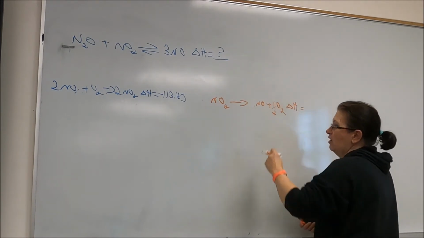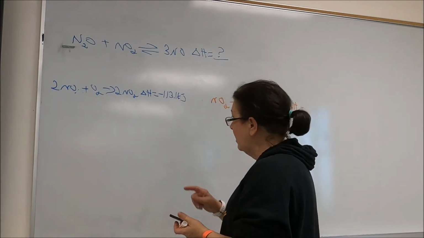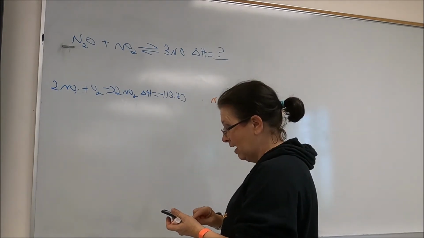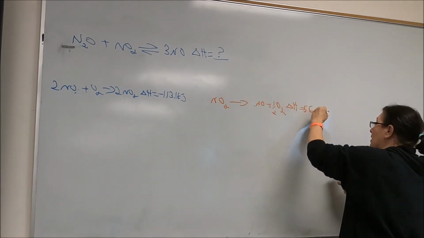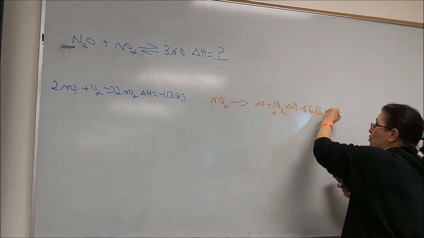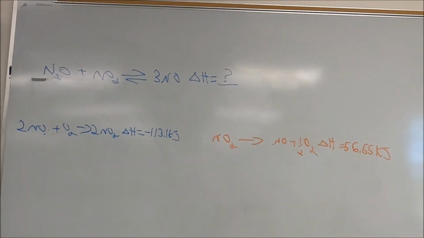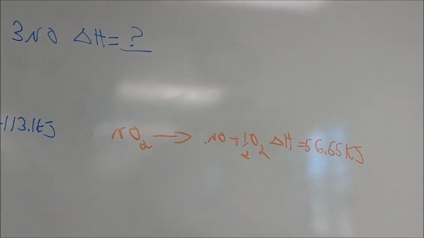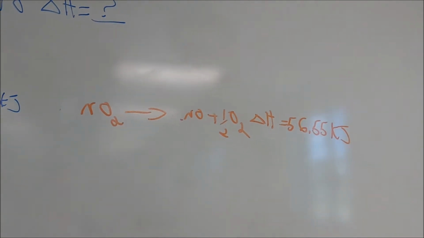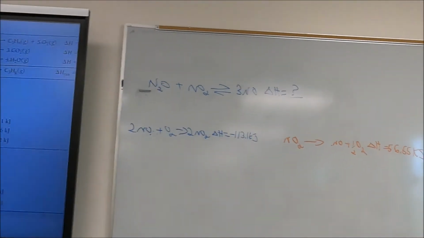And the delta H is going to be 113.1, that's negative, I make it positive, I divide it by 2, I get 56.55 kilojoules. Okay, so let's make sure that we see that, okay? So there's when we've divided it in half and we've reversed it, okay?